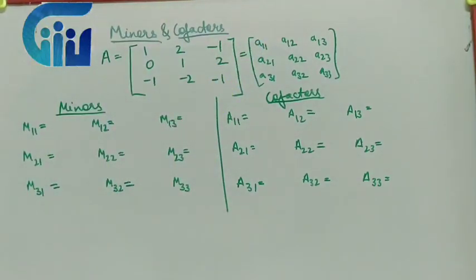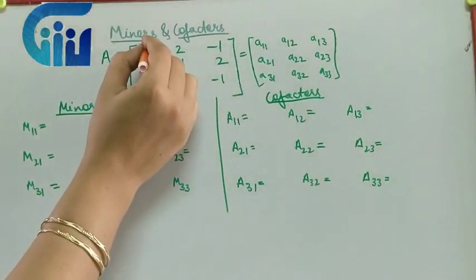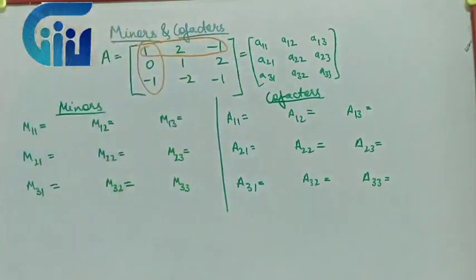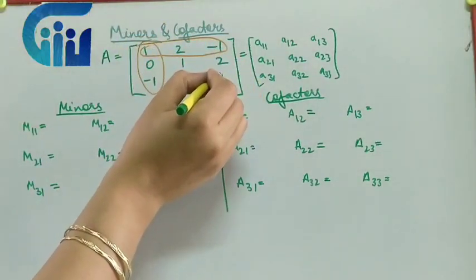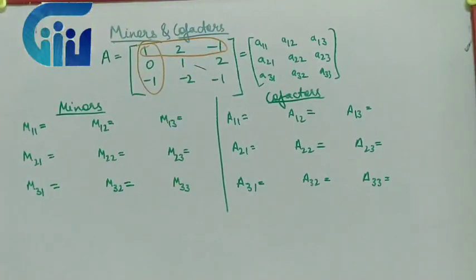So I'll cover that particular element, M11, along its row and column. What is left? This particular thing I'll write. How will I write the value of this? I'll just cross multiply this with this and this with this. So minus 1 with 1 is minus 1.